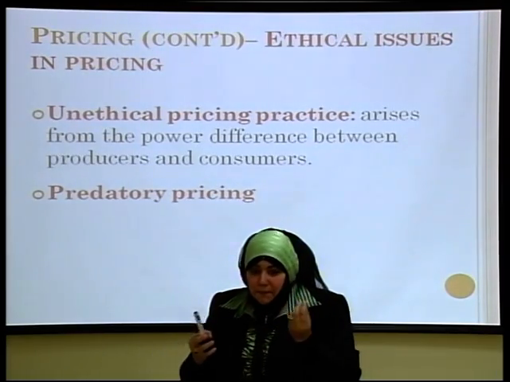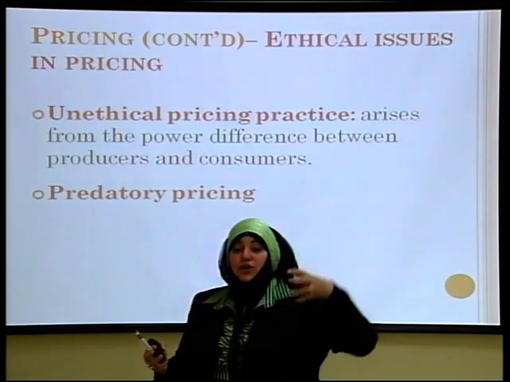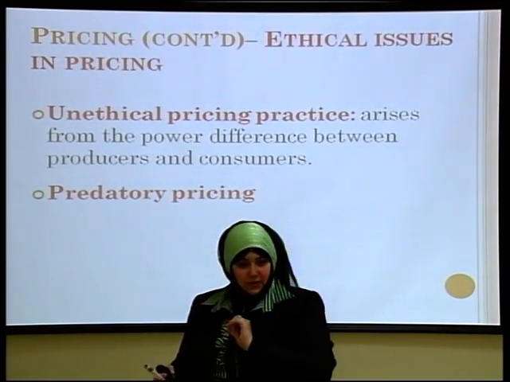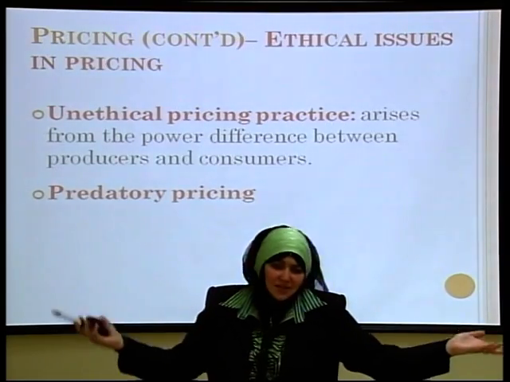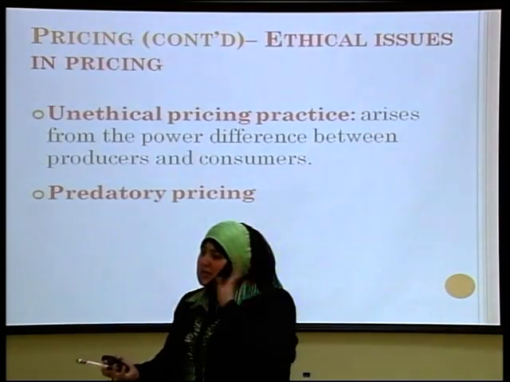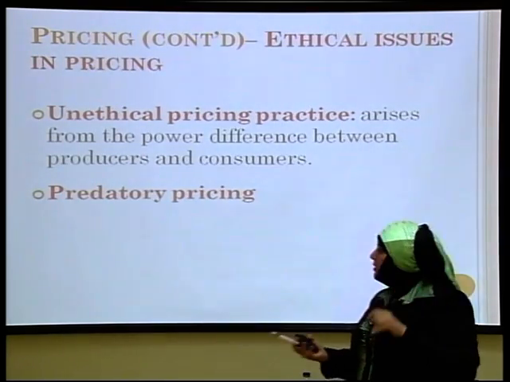So the competition element here is not there. You understand me? So they are more powerful in this situation than the consumers. Consumers then will go and buy it, and that's it. So this is unethical behavior. It's an unethical practice done by businesses then. Okay, this is one thing.